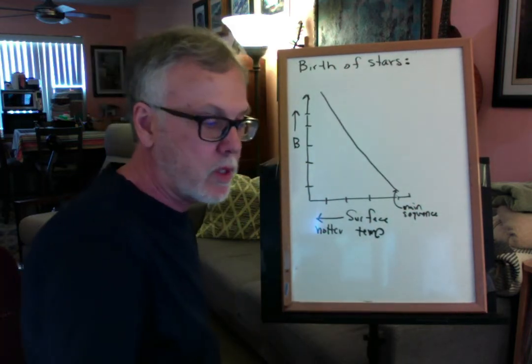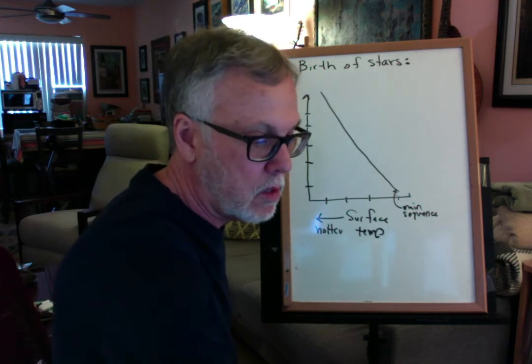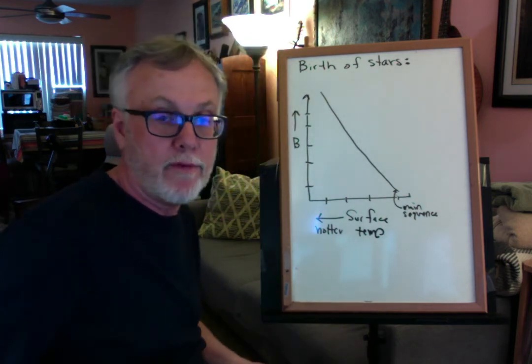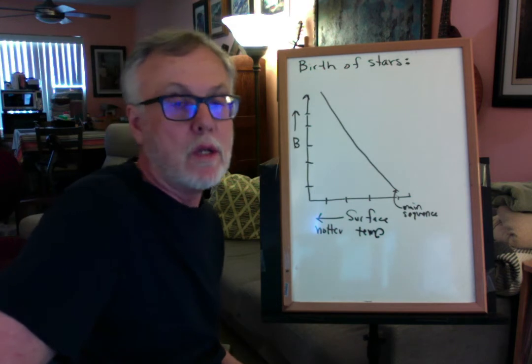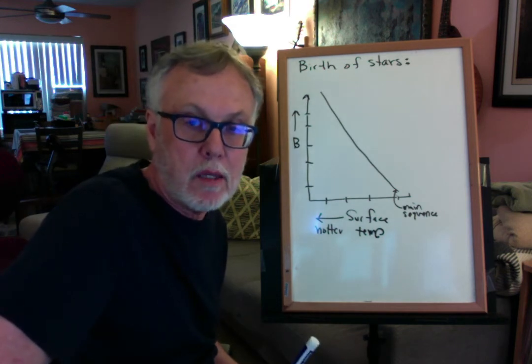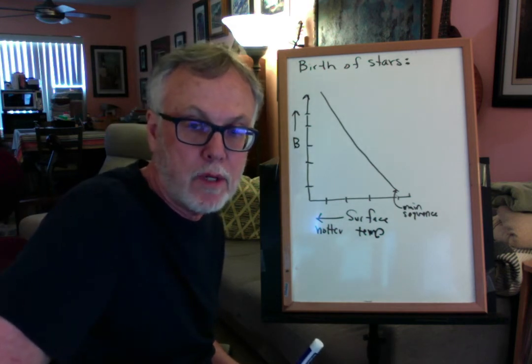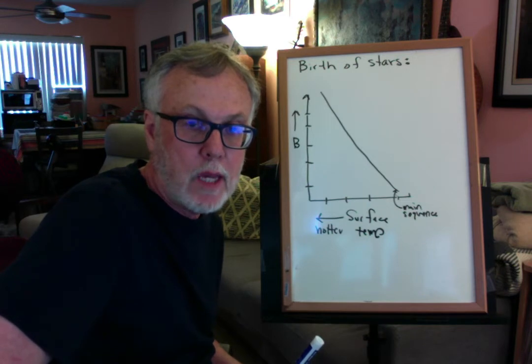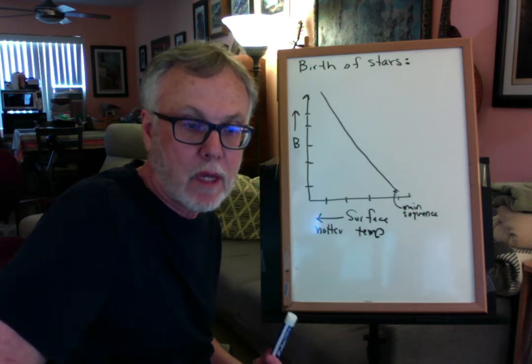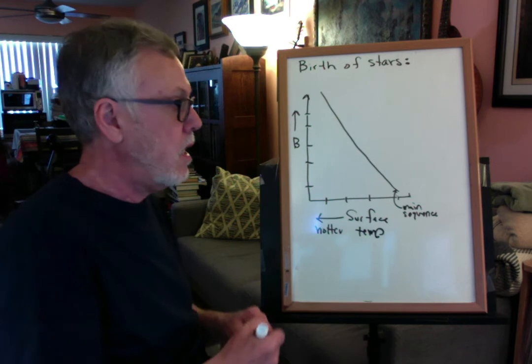So what happens when a star begins to form? Well, it slowly and surely begins to heat the internal parts of this birthing star, eventually heating up the outer regions of that collapsing cloud.